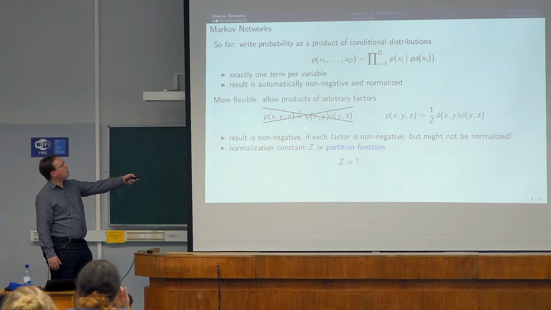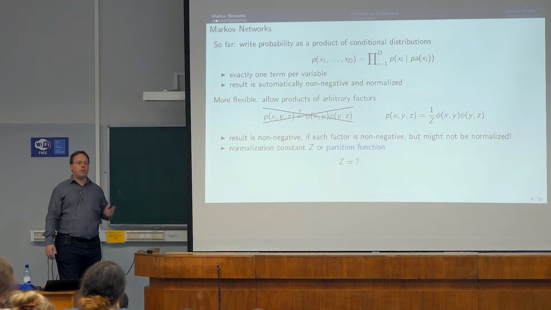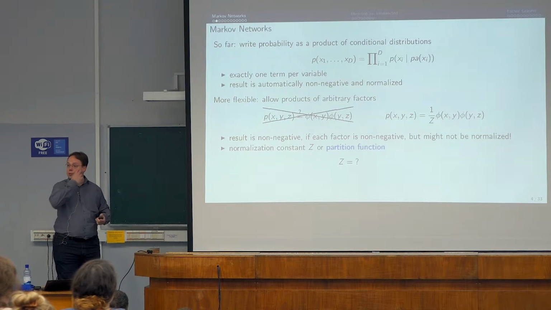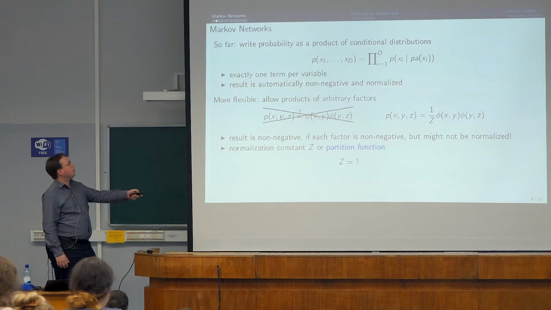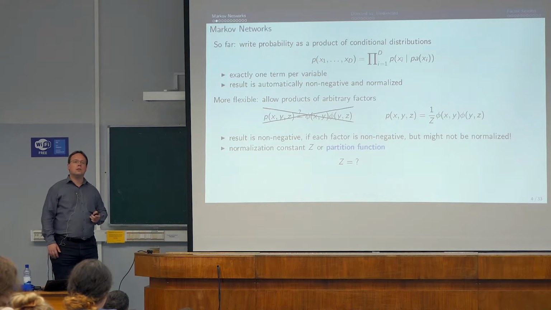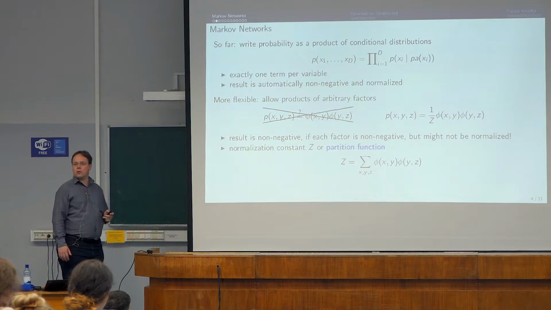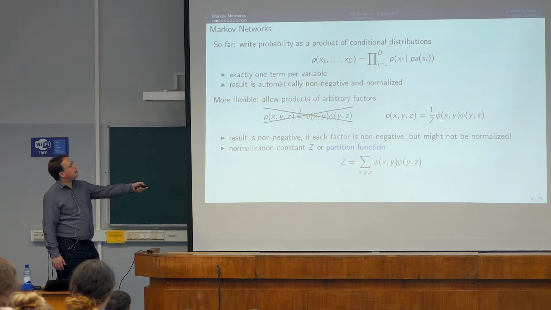If we do that, we do not necessarily have to put conditional probabilities here. We can put all kinds of different functions here, whatever we think makes sense in this model, at the cost of having another constant. What is this constant? 5, 7, 99? Well, it depends on the model. Usually we cannot write a closed form, so we just say, well, if we sum this up over all configurations, it has to sum up to 1.